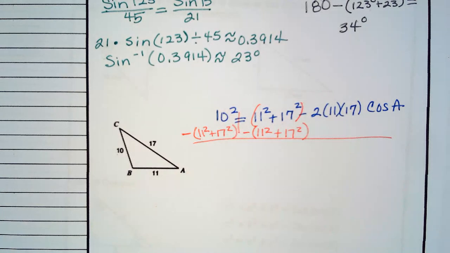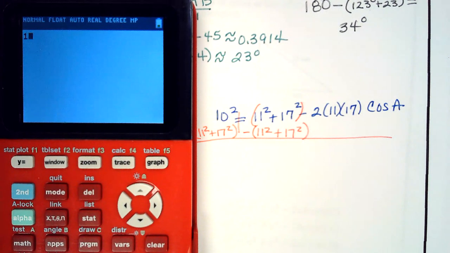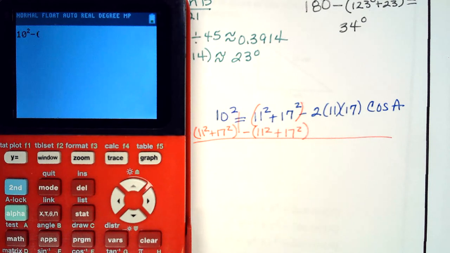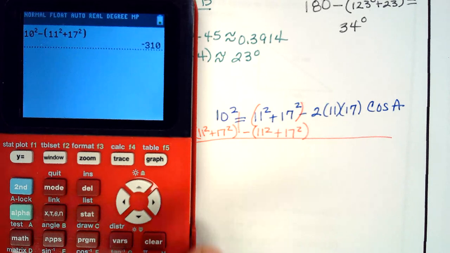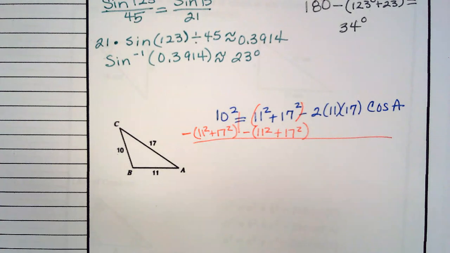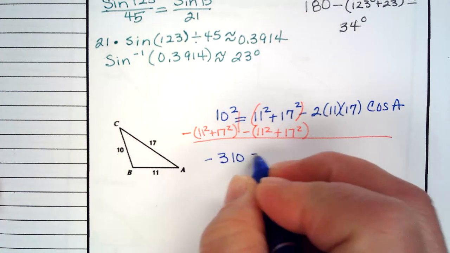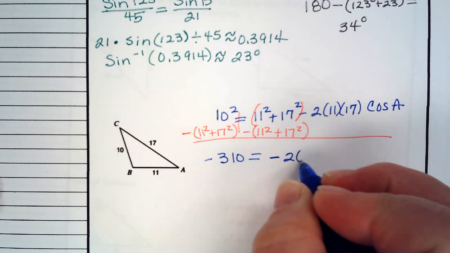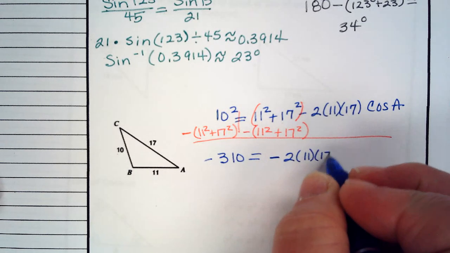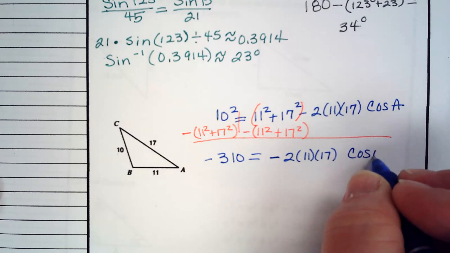If you notice, I am expecting to get a negative number. So 10 squared minus parentheses 11 squared plus 17 squared, and I've got negative 310. Is equal to negative 2 times 11 times 17 cosine of A.